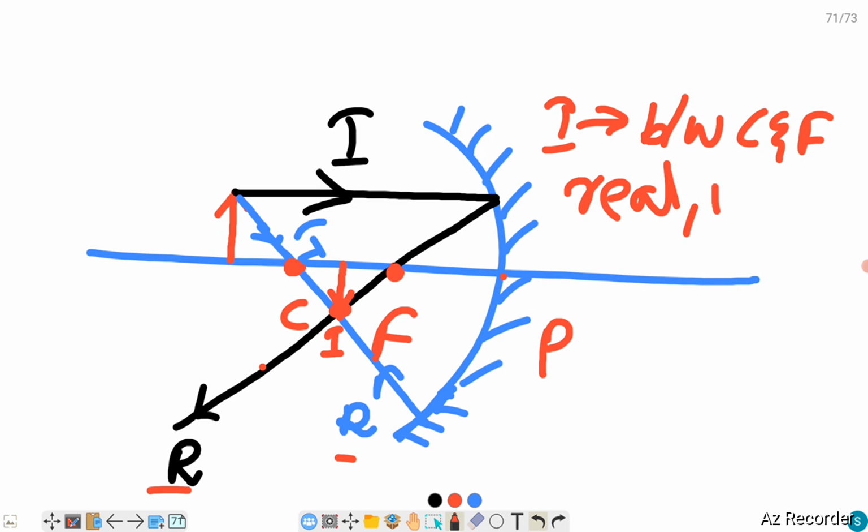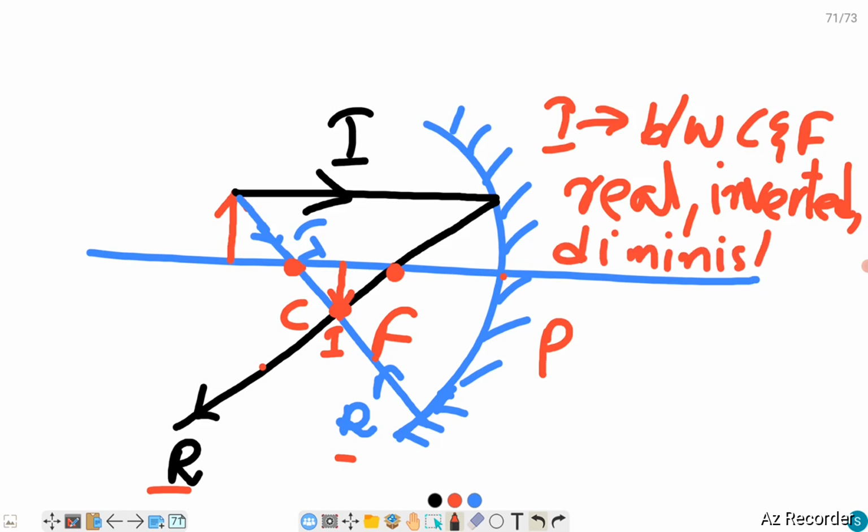So this type of image is called an inverted image, and all real images are inverted. Remember that. And the size is small, so we write it as diminished. Understood? These are the characteristics and position of the image.